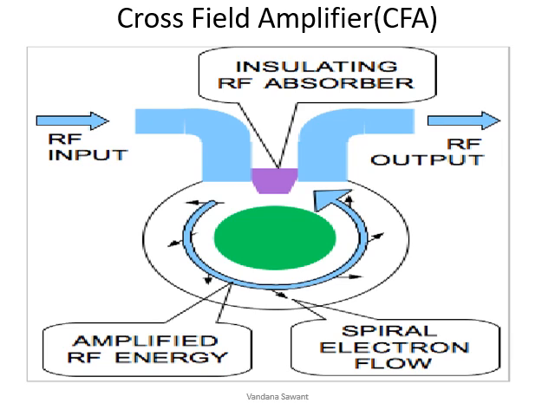To give insulation between the RF input and output, an insulating RF absorber is there, shown in magenta. This RF field moves in a slow wave structure like a TWT, that is, a traveling wave tube. These cavities act as a slow wave structure.